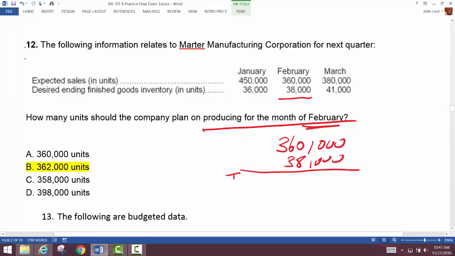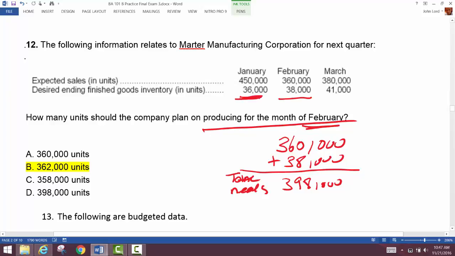My total needs of 360,000 plus 38,000 gives me, what's that come to for total needs? 398. Okay, good. But I started the month off with what? 36.